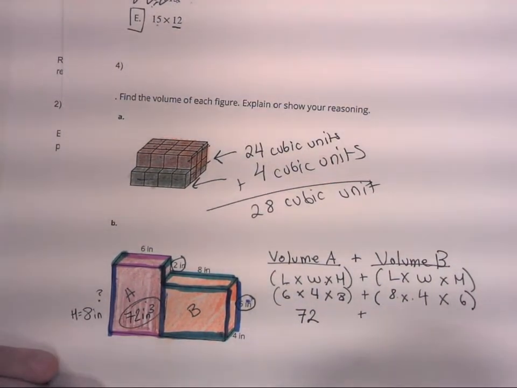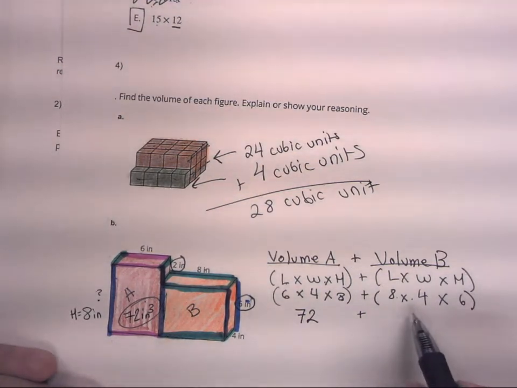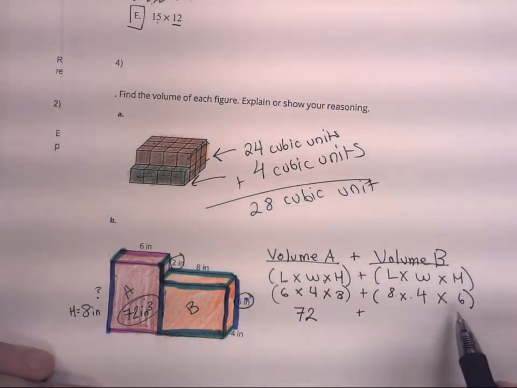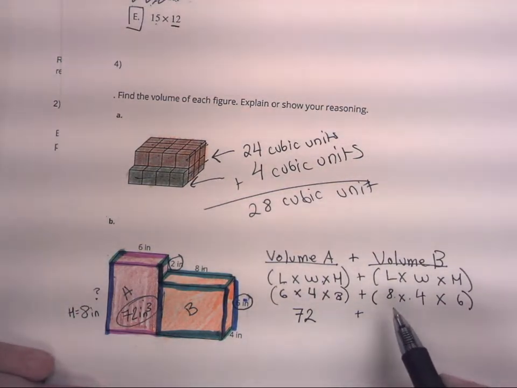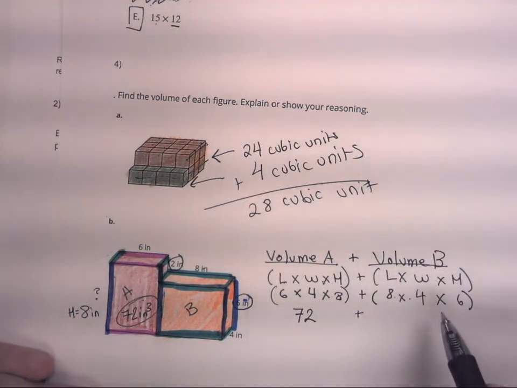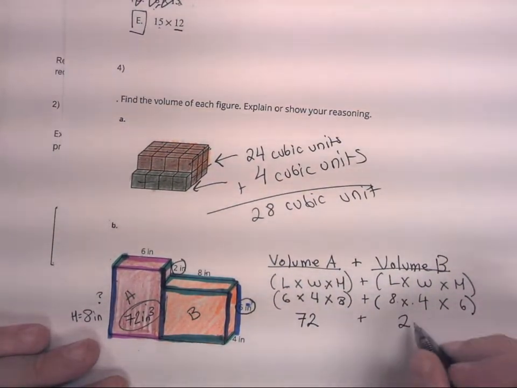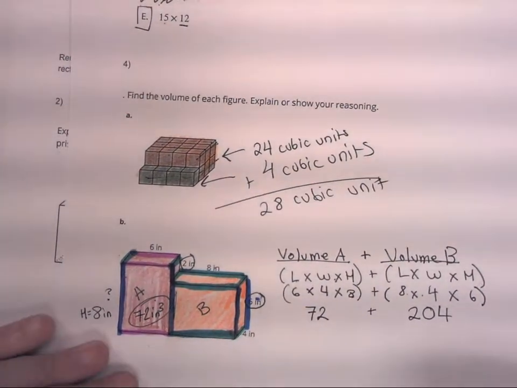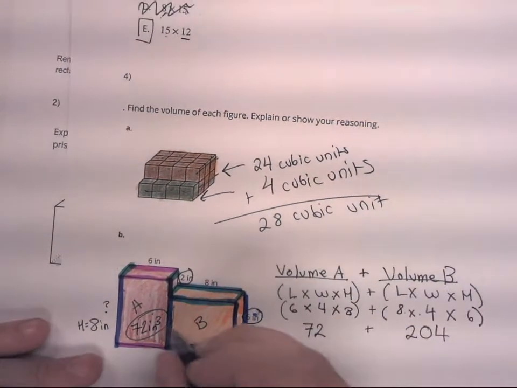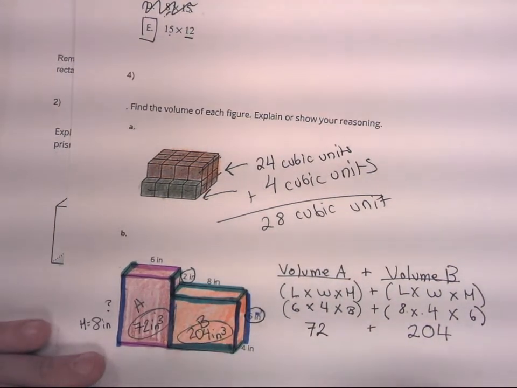Looking at the expression for B, I know 8 multiplied by 4 is 32, and 32 groups of 6 would be, let's see, 6 times 30 would be 180, and 6 times 4 would be 24, so 180 and 24 is going to give me 204. So the volume of B would be 204 cubic inches.